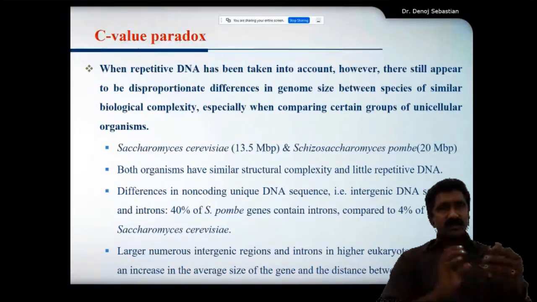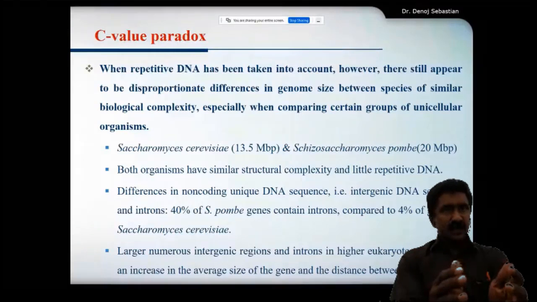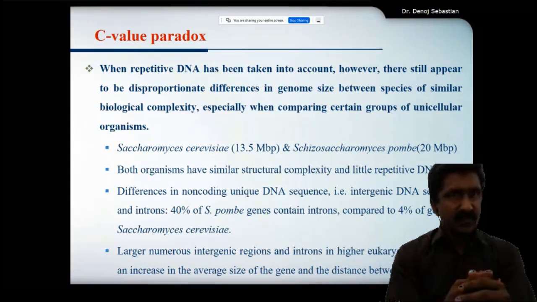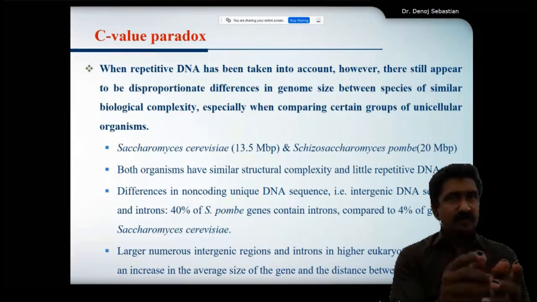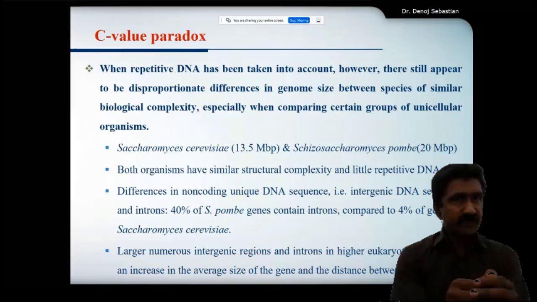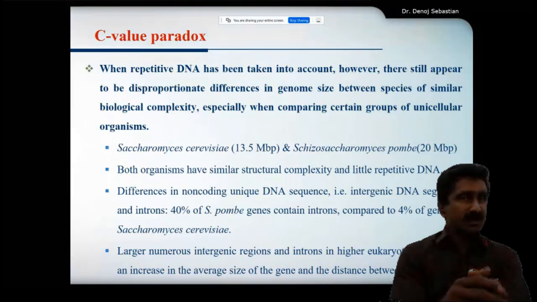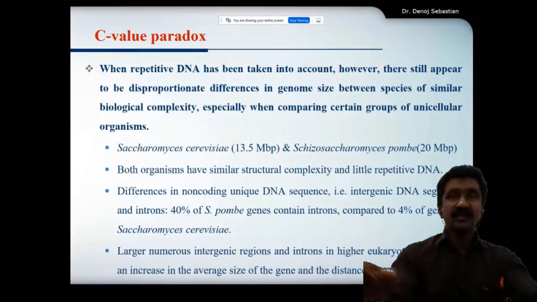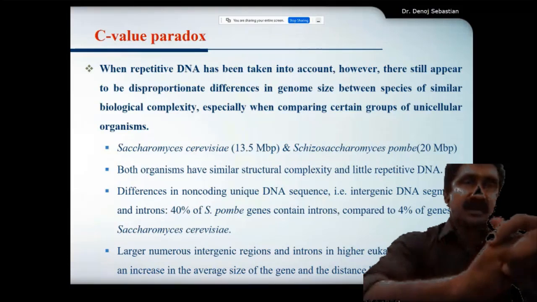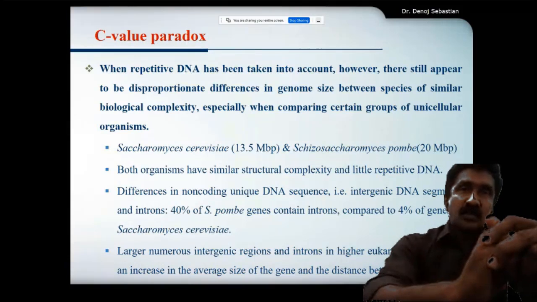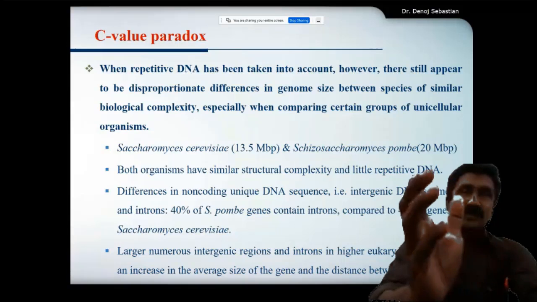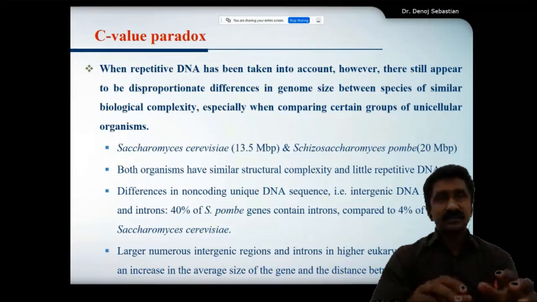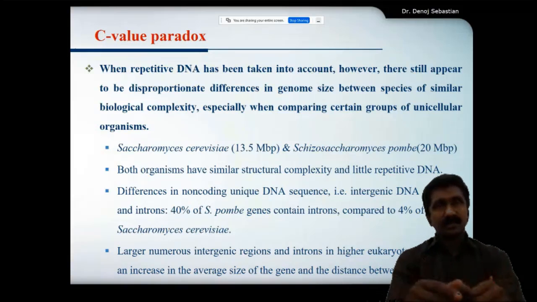That is Saccharomyces cerevisiae, whose size is about 13.5 megabase, whereas Schizosaccharomyces pombe, a related species, is 20 megabase. That difference is almost one-third higher in the case of the second species. So even between related species, we have a very significant difference between the genomes.